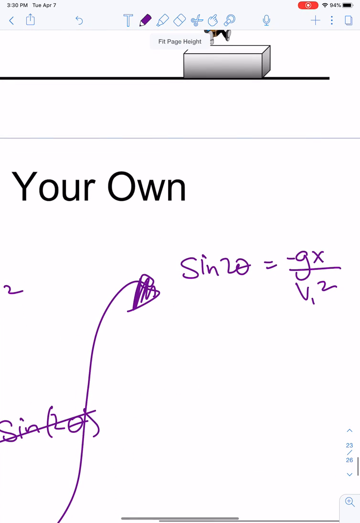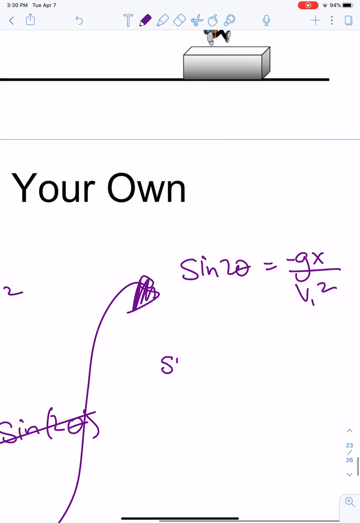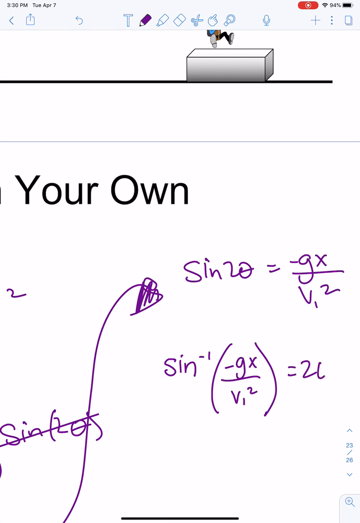And then this is where some people get stuck. In order to, quote, undo sine, unquote, basically you're taking the arc sine or the inverse sine. So you would say sine to the negative 1 of all of this equals 2 theta, and then you can just divide by 2.